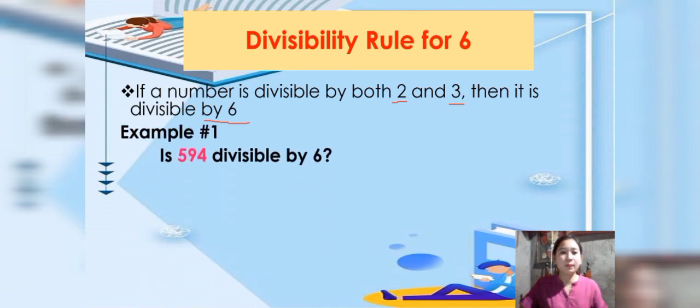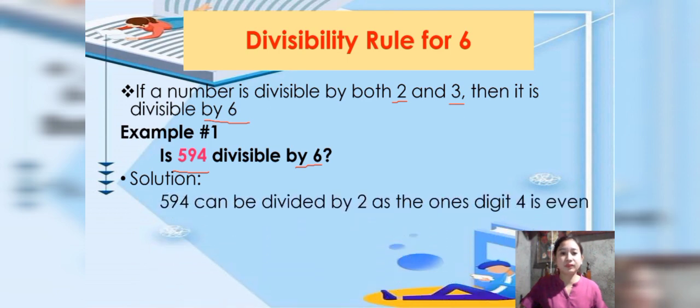Example, is 594 divisible by 6? Let's find out. 594 can be divided by 2 as the ones digit, 4, is an even number.